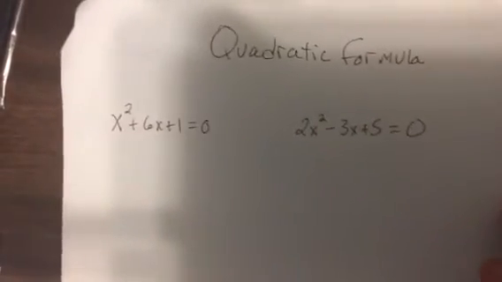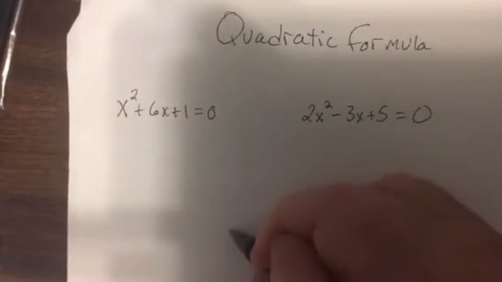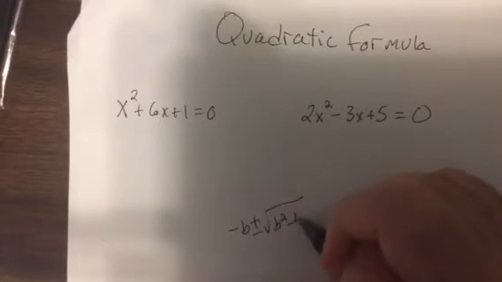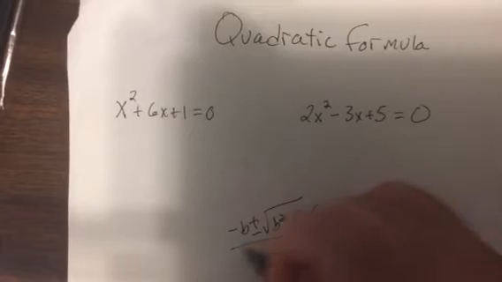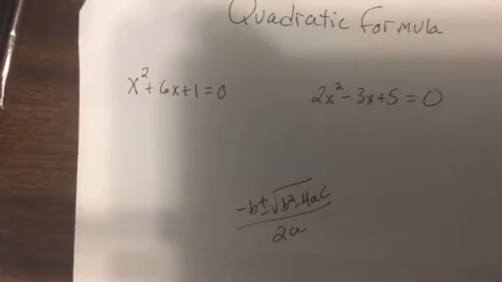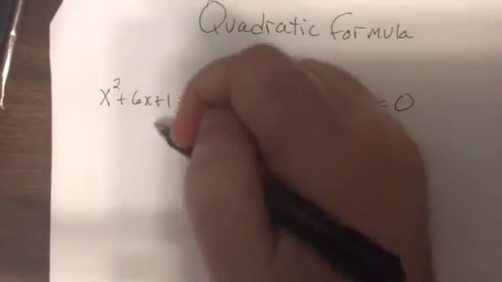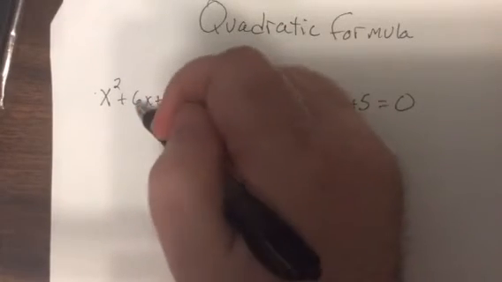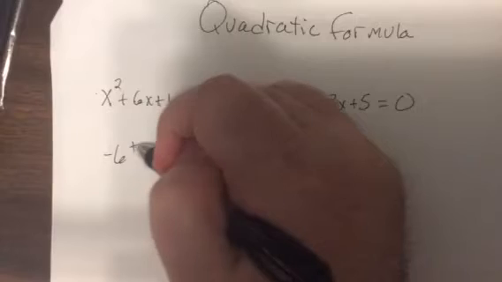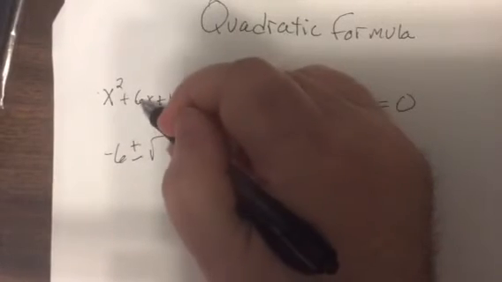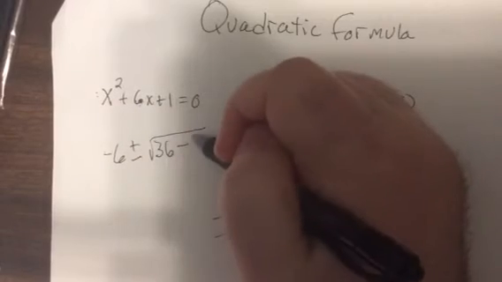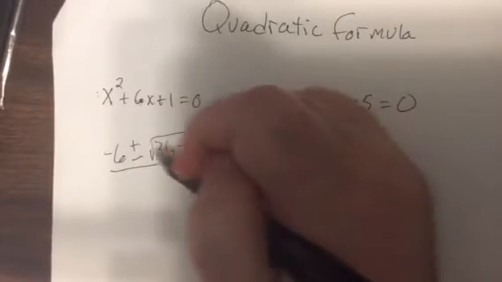Now, quadratic formula. The quadratic formula is just a formula. Negative b plus or minus the square root of b squared minus 4ac, all over 2a. So this is a, this is b, this is c. So it'd be negative 6 plus or minus the square root of b squared minus 4 times 1 times 1, all over 2a.